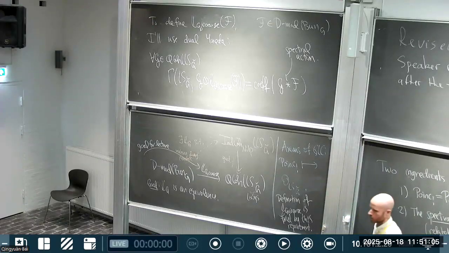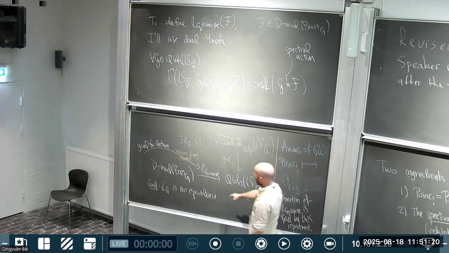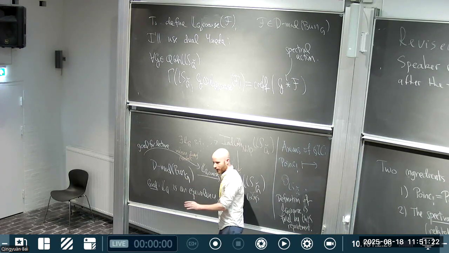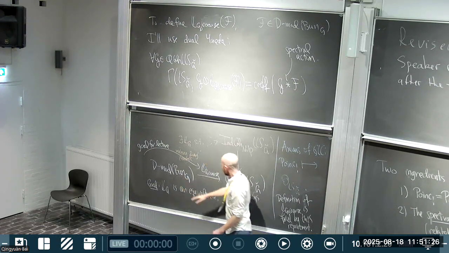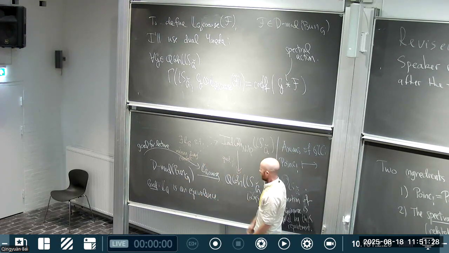When you say axiom, you mean the things you want your functor to satisfy. Okay, so what I mean is the following. I told you two things: there's the spectral action, and I told you an object. Let's forget fancy things for a second. Let's say you wanted an equivalence which sends the functor A sheaf here to the structure sheaf here.